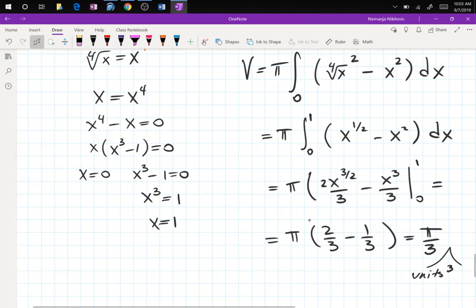Yes? So sometimes when I did practice problems, they would have you rotate it from a different point, so not the origin, on that one. In which case you have to shift the function. So if your axis of rotation is, let's say, at x equals 2, you would have to shift your entire problem to the left 2 units, which means that every x in your equation will be replaced by x plus 2.